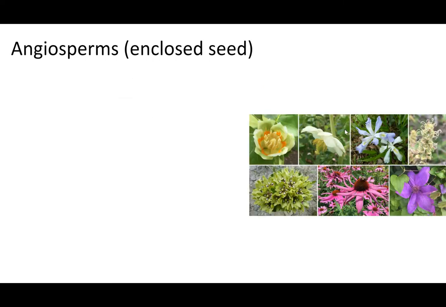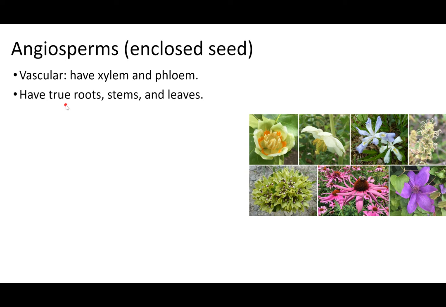Last but not least, we have angiosperms. Angiosperms, meaning that the seed is enclosed in a case. So angio means vessel. Angiosperms are vascular, so they do have the xylem and phloem tubes that can transfer water and nutrients throughout the plant system. Angiosperms, like gymnosperms, have true roots, stems, and leaves.